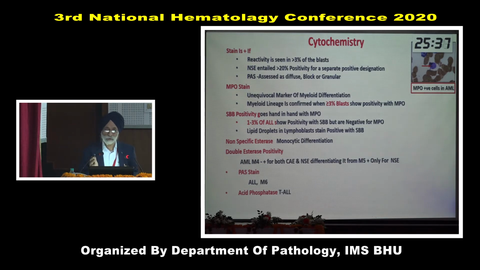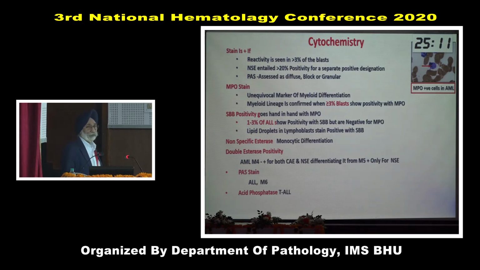By and large, all AMLs are MPO positive. Sudan black B positivity goes hand in hand, except that 1 to 3% of the ALLs, though they are ALL, show Sudan black positivity but are MPO negative. So MPO is the basic stain which we need to do.